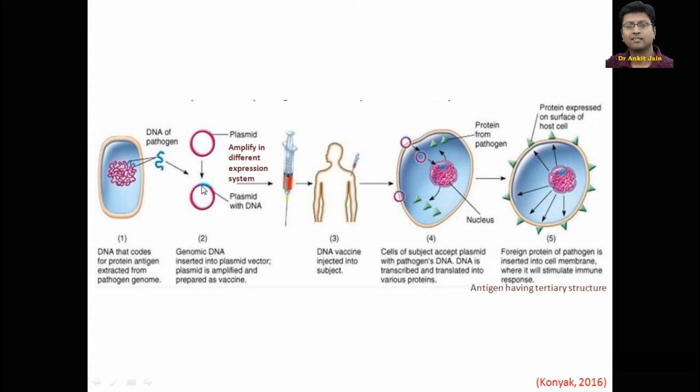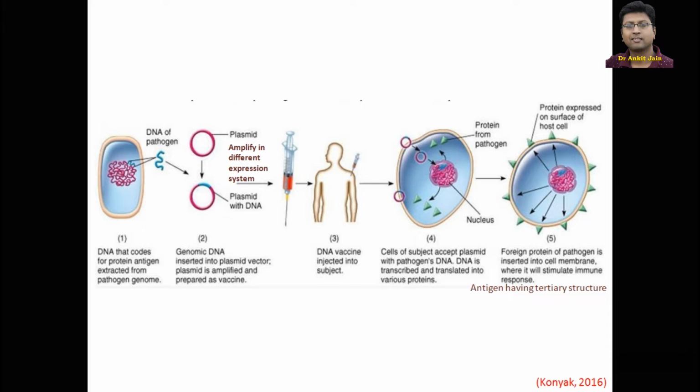This plasmid vector is basically an expression vector, and it is multiplied in a suitable expression system, like a bacterial, viral, mammalian, or yeast expression system. After multiplication, the plasmids are harvested from those cells, and then they are introduced into humans or animals as a vaccine.